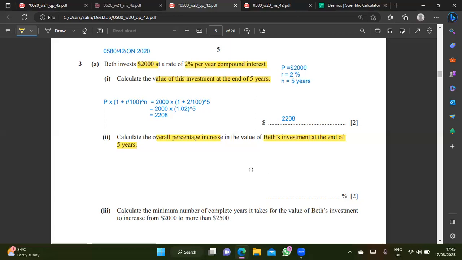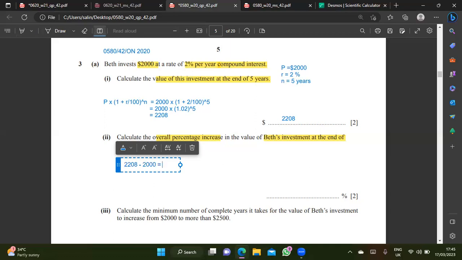So are you making some sort of profit here? Yes. So what you need to do, 2208. This is after 5 years. You minus with the investment that you start with, which is the principal, the capital 2000. So do it step by step.